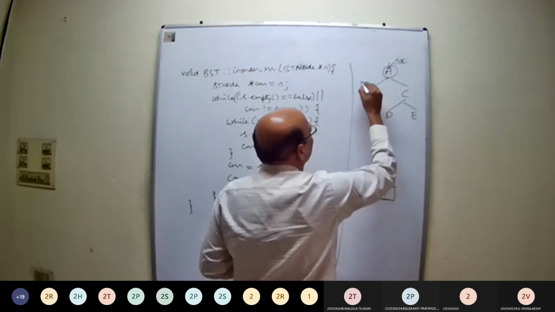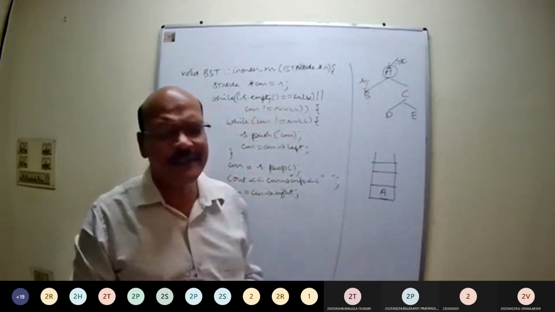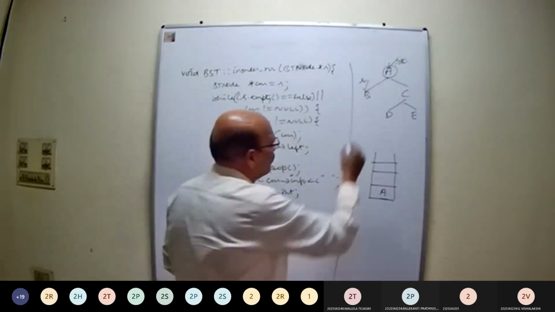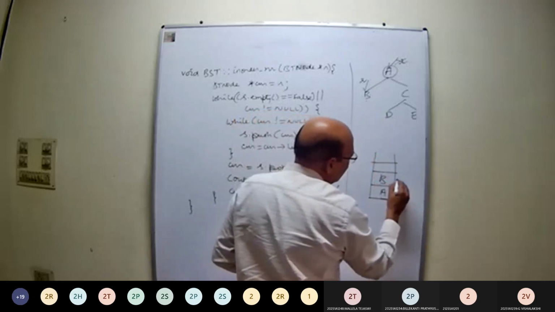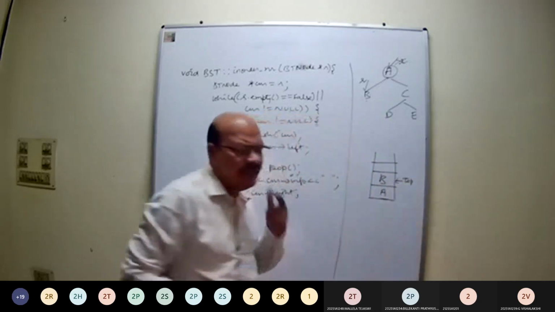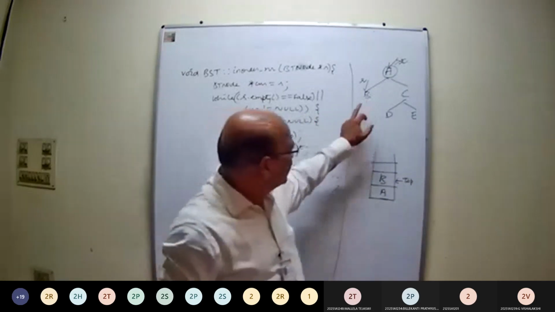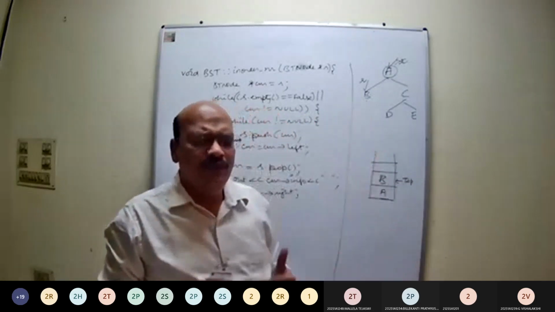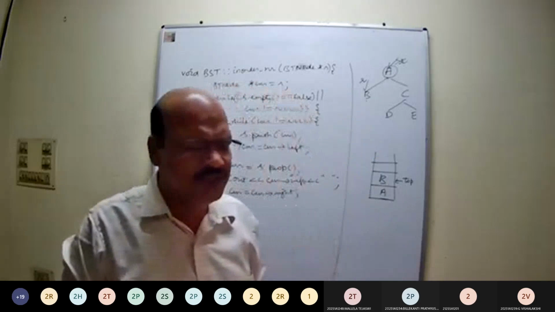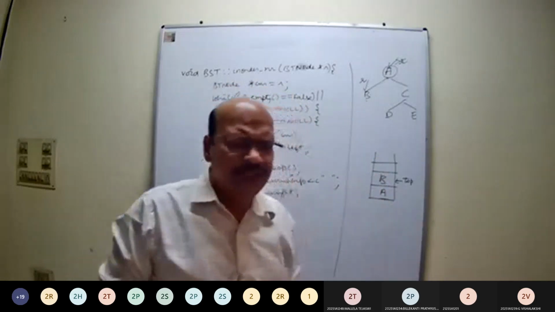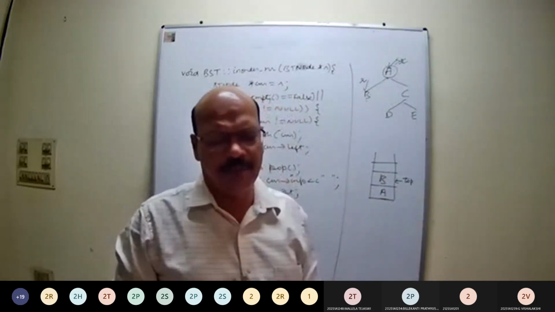If it has a left child, move this temporary pointer towards its left child. So once again, follow the same procedure. So push this node onto the stack. So B, does it have a left child? No. When you reach a node with no left child, your pushing the nodes operation has to stop.